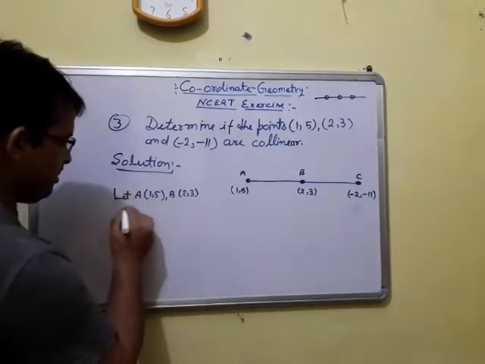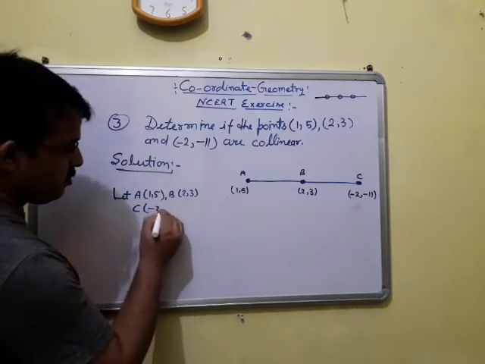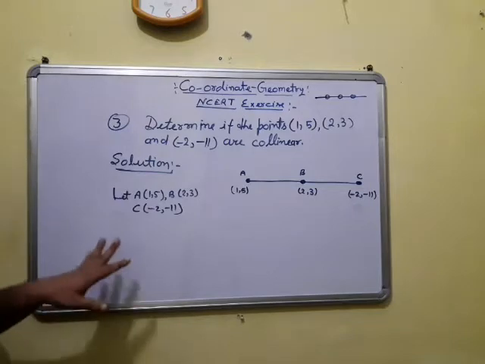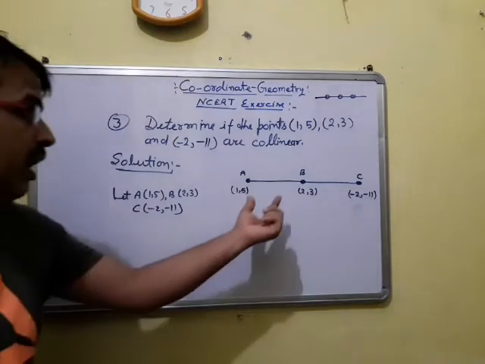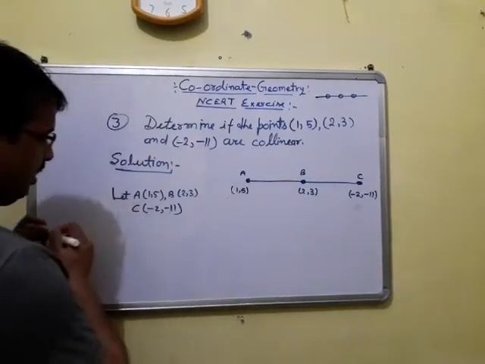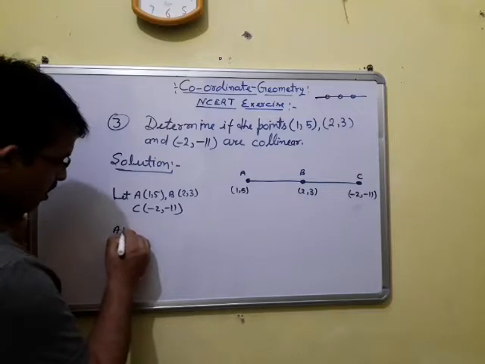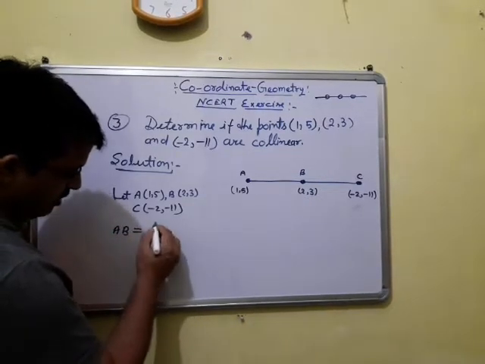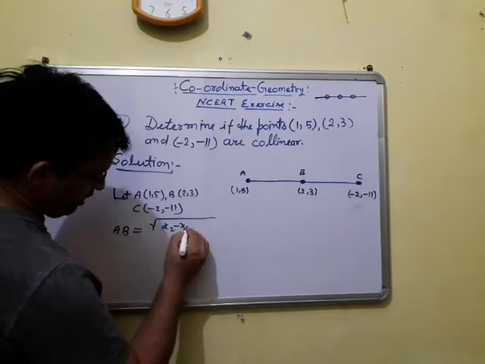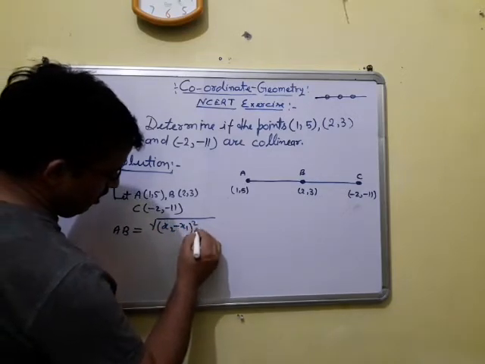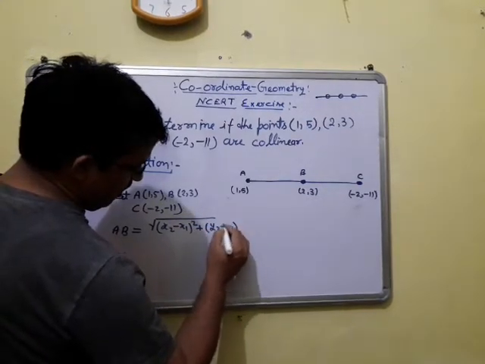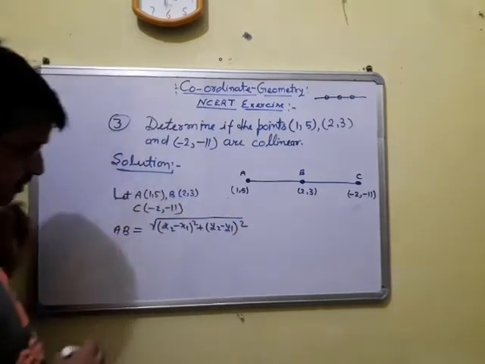Now this one is C, which is (-2, -11). Clear? Now find the distance between A and B. So AB is equal to, what is the distance formula? Under root (x2 minus x1) whole square plus (y2 minus y1) whole square.